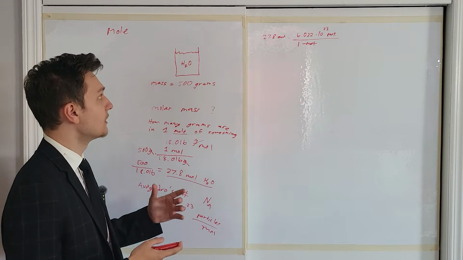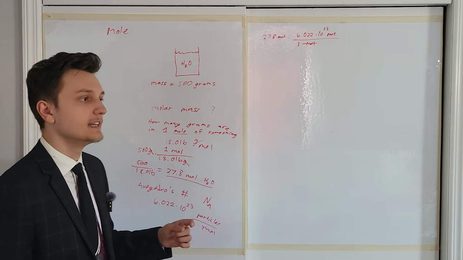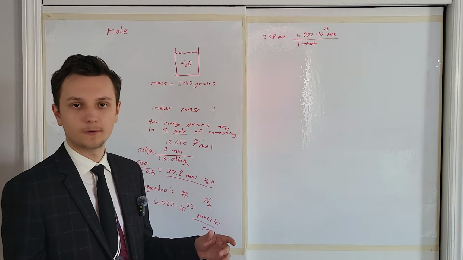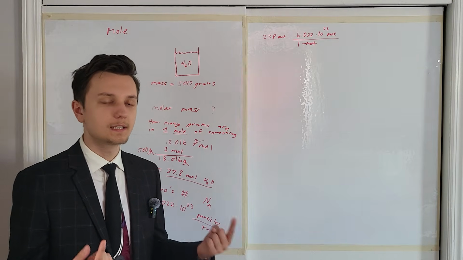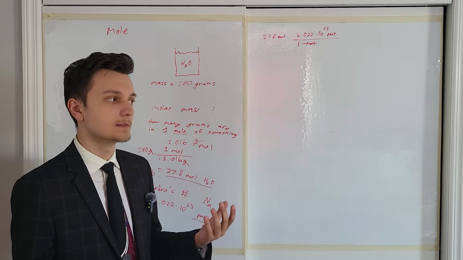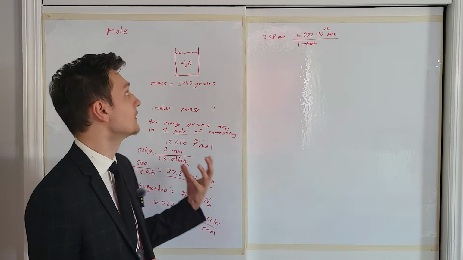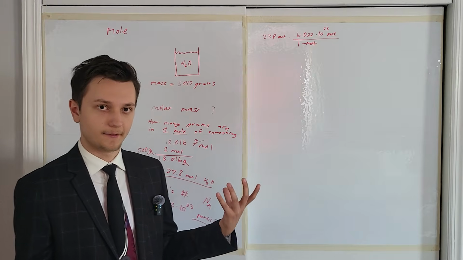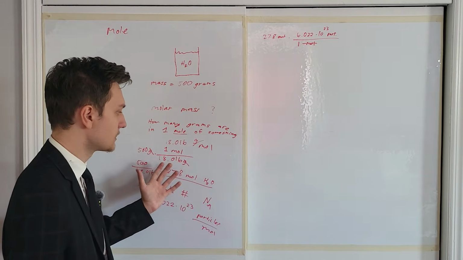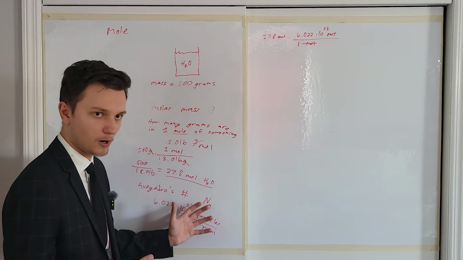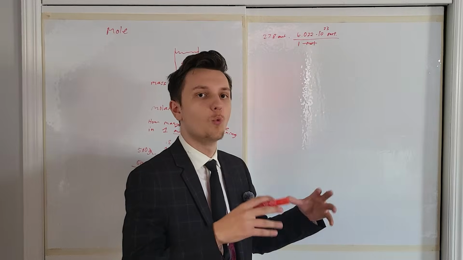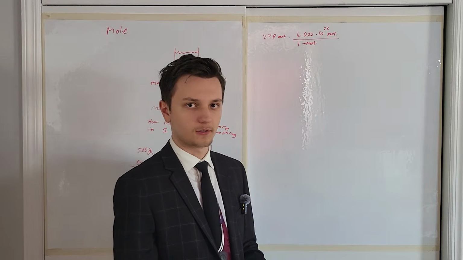The mass of 1 particle of water is different than the mass of 1 particle of sodium, for example, okay? The reason they have different masses is because the nucleus of sodium is heavier than the nuclei of hydrogen and oxygen put together, okay? When we're talking about moles, we're talking about number of particles. When we're talking about mass, we're talking about the cumulative weight of all those particles, okay?